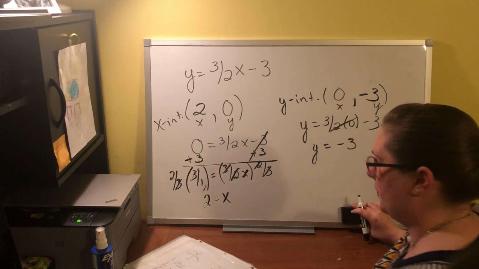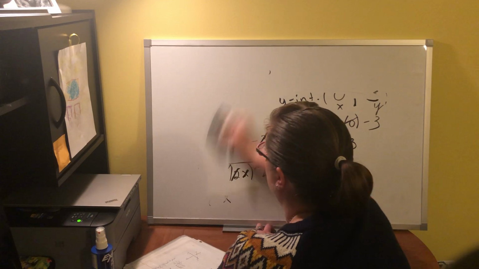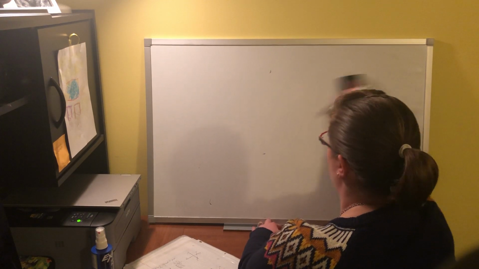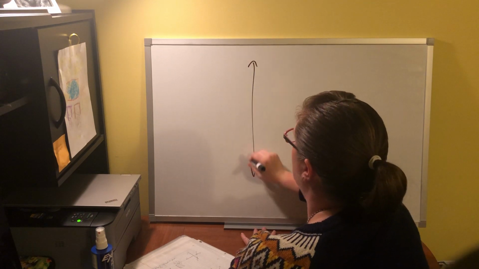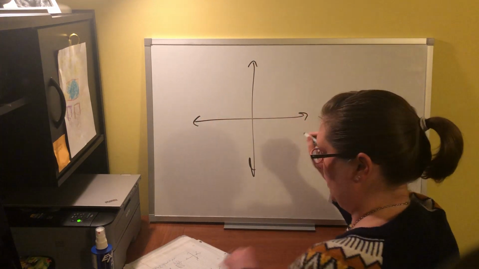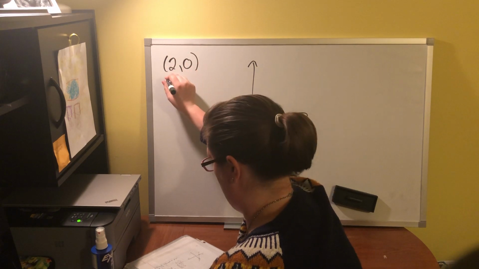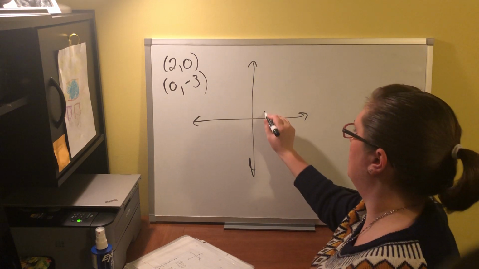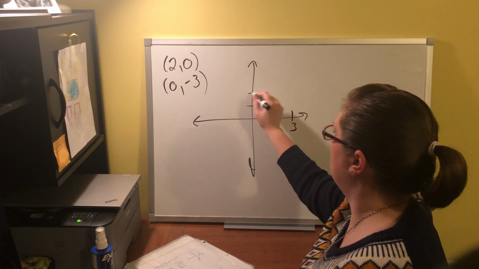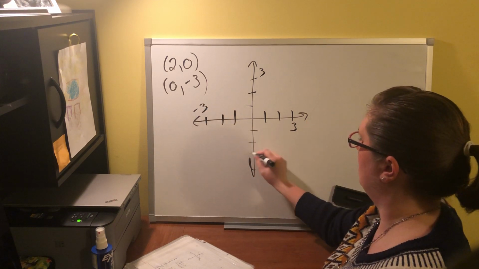Okay? And from here, we've got to graph. Let's go ahead and quickly graph this one. So our intercepts were 2, 0, and 0, negative 3. So 1, 2, 3, 1, 2, 3.